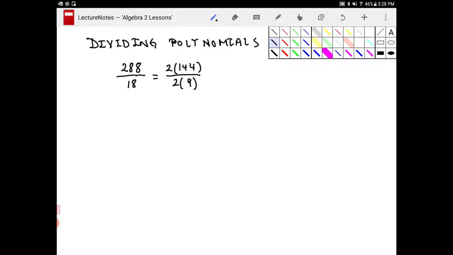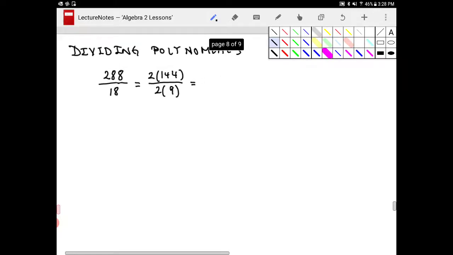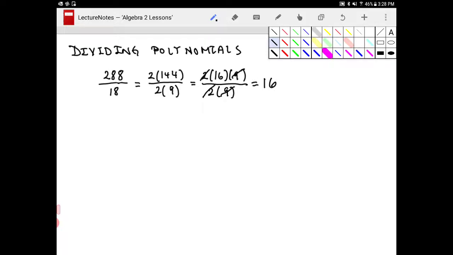I look at 144 and I immediately notice that 144 is the same thing as 16 times 9. In the denominator, I didn't do anything. From there, I can see that the 2's cancel and the 9's cancel. This all reduces to 16. So that's one way for us to figure out the division of 288 by 18.